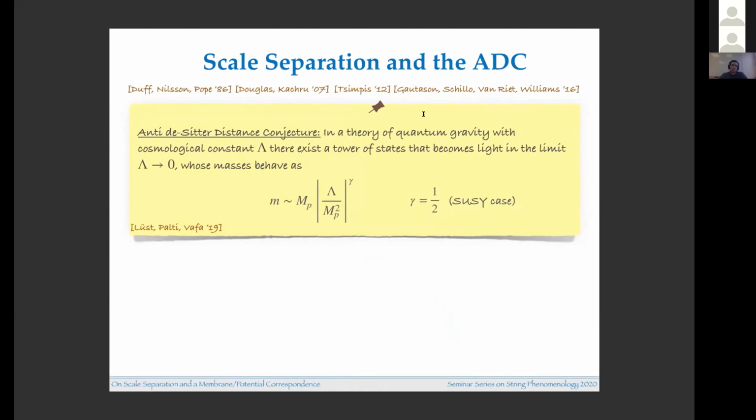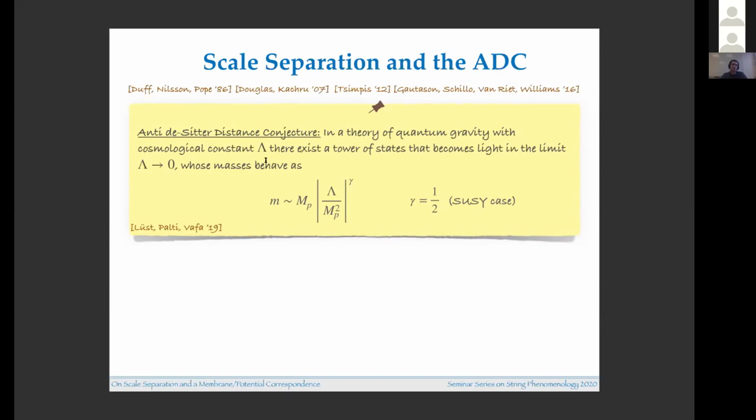But it was revisited in the context of the swampland more recently by these people here. And actually last year, it turned into a more precise conjecture, the so-called Anti-de Sitter distance conjecture by Lüst, Palti, and Vafa, in which they proposed that in a theory of quantum gravity with a cosmological constant lambda, there should exist a tower of states that become light in the limit in which this lambda goes to 0.